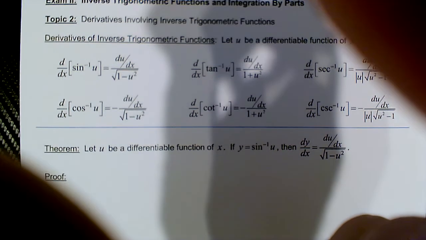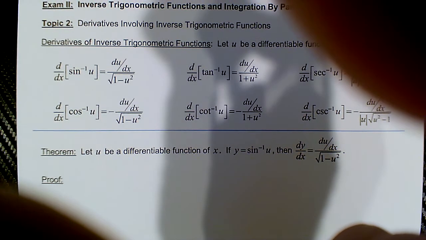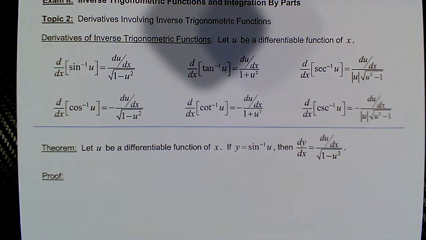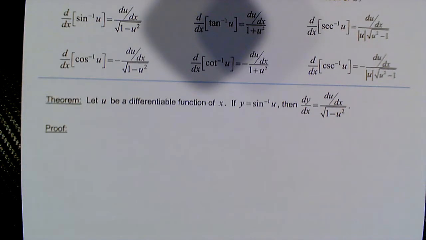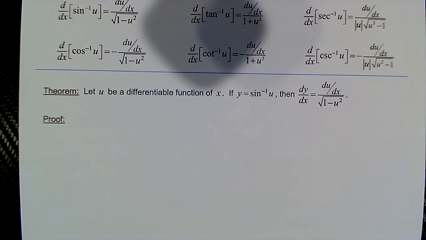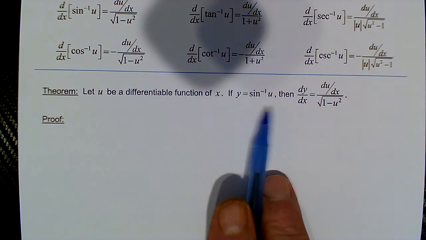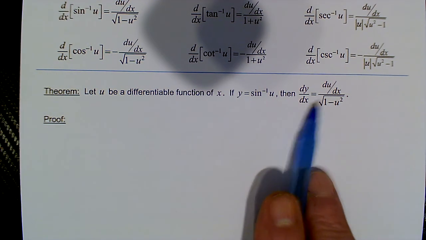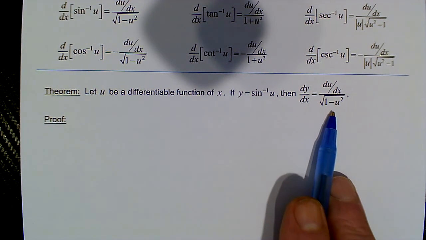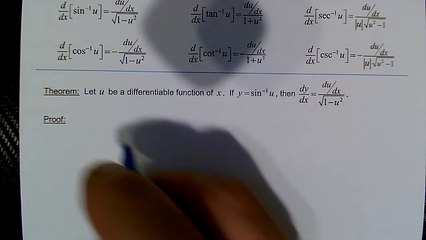Let's prove the derivative of the inverse sine of u. And so our theorem is to let u be a differentiable function of x. And if y is the inverse sine of u, then we want to show dy dx is du dx over the square root of 1 minus u squared.